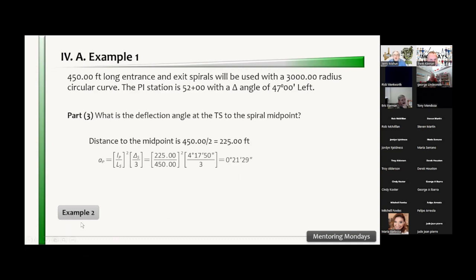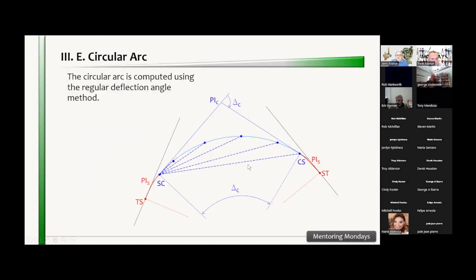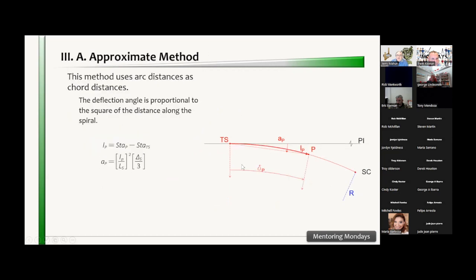All right. Let's look at example 2. A 300-foot long spiral will be used with a 3-degree circular curve. The PI station is 40 plus 00. The delta angle is 60 degrees to the right. Using the approximate method, compute the 5-chord deflection angle notes for the spirals. It's a little bit more involved, but remember we're doing the approximate method. We're just doing the distances, and we're using 5 chords.